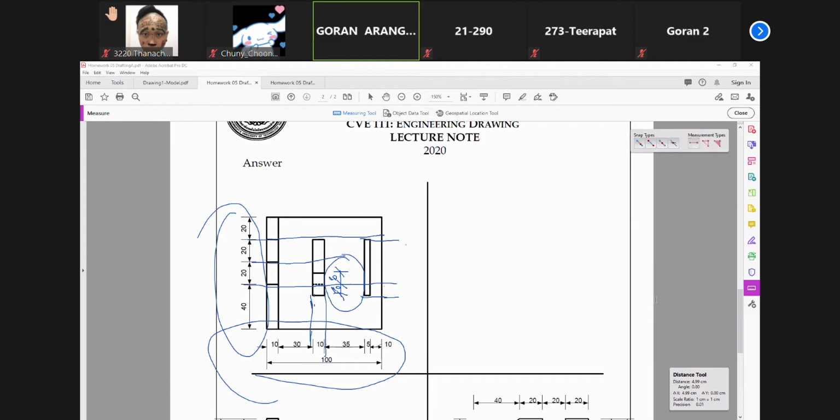So you need to give all the dimensions as in this example on your homework.